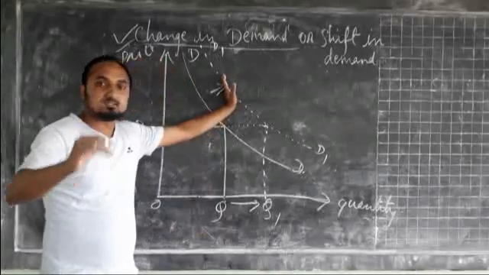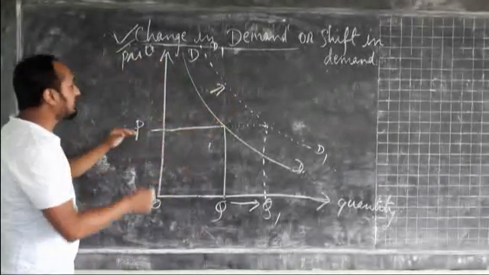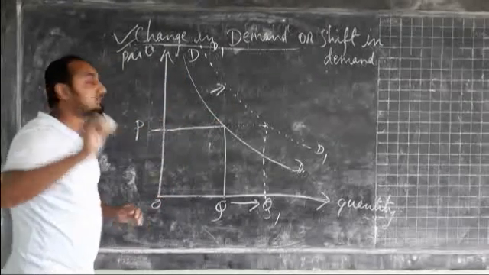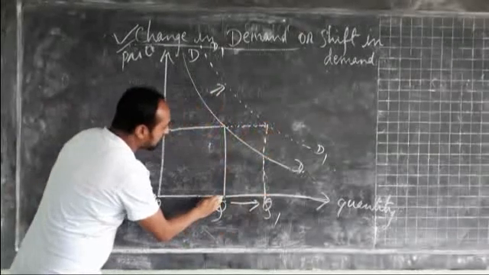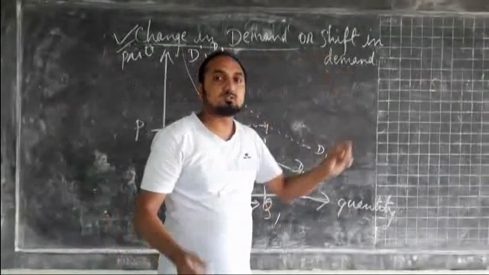Here the price is remaining the same. You can see that price is not changing, not increasing or decreasing. So at the same price, due to the income of the consumer, the quantity demanded is increasing from OQ to OQ1. So this is the case of change in demand or shift in demand.